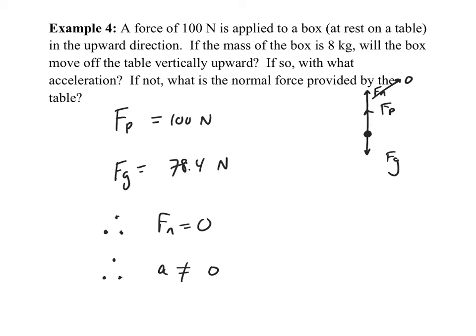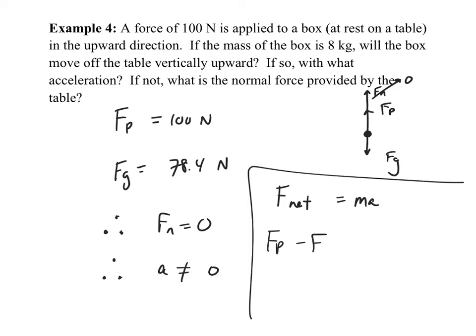Now, what does my equation become as a result? I literally use sum of the forces equals ma. Right? F net equals ma. What's acting up is Fp. What's acting down is Fg. So again, I'll put a little y symbol because it's in the y direction. But there's no x going on at all in this problem. There's no horizontal force, nor is there horizontal motion.